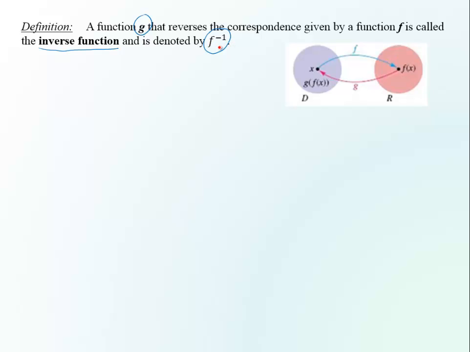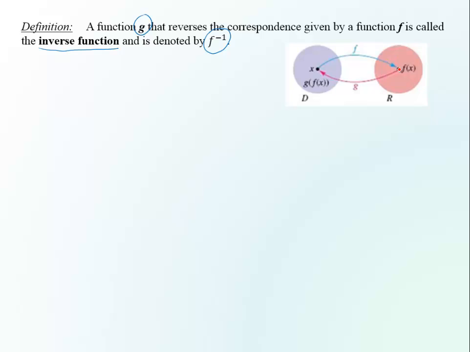And the usual notation for the inverse function is f to the negative 1. Looking at this diagram, we talked about bringing the x through the f to f of x, and then through the g, which should be the inverse, back to the x. But this composition works both ways. We don't have to start with f. We can start with g.